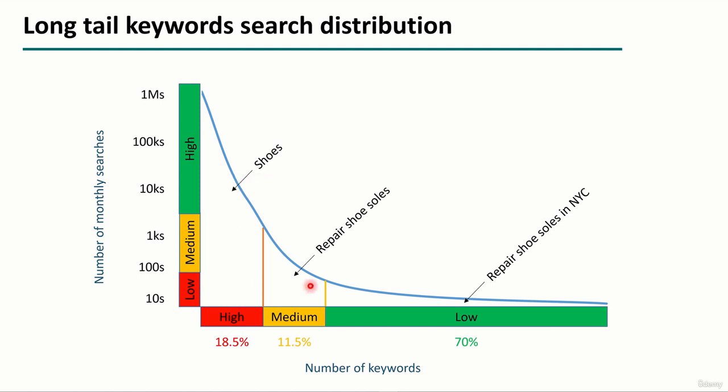Moving along, around 11.5% of searches incorporate approximately 3 keywords, landing them in the median search volume category on the x-axis. On the y-axis, these are more specific than single keyword searches, with monthly searches ranging from hundreds to thousands.